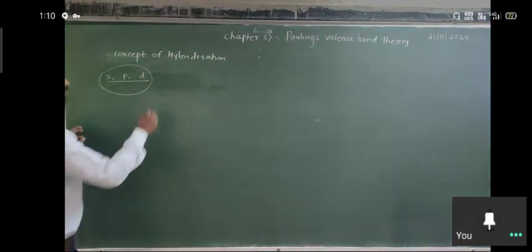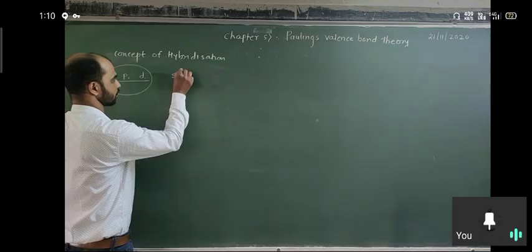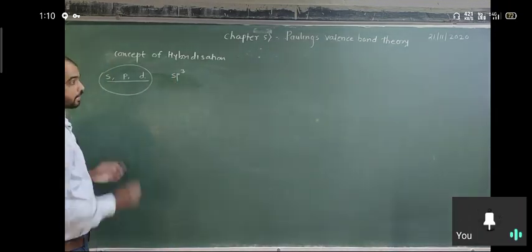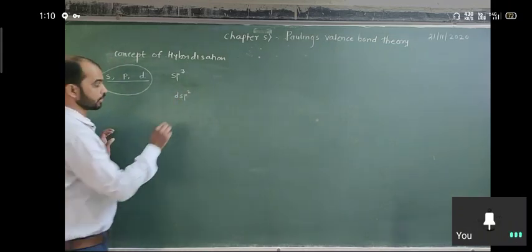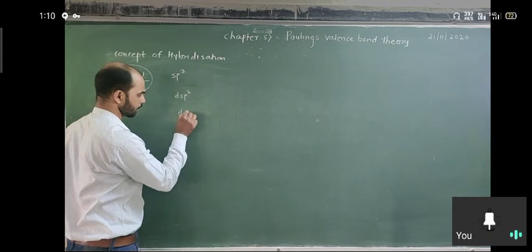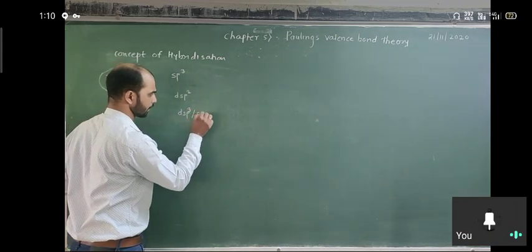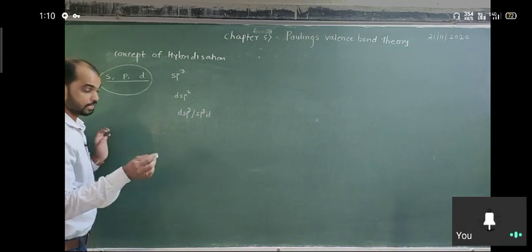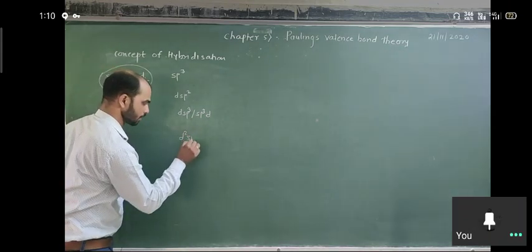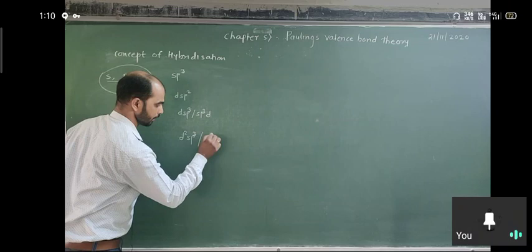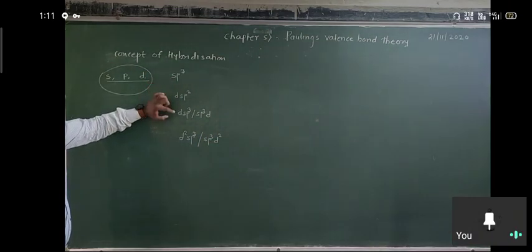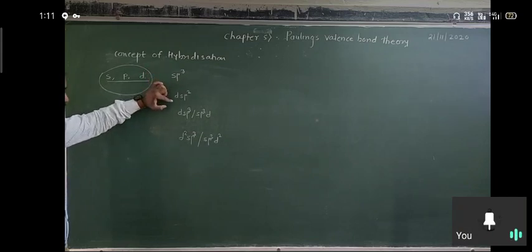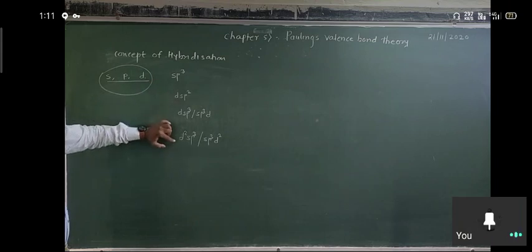So we consider sp3 hybridization, then dsp2, dsp3 or sp3d, and d2sp3 or sp3d2. So sp3 and dsp2 mean coordination number 4, dsp3 or sp3d means coordination number 5, and d2sp3 or sp3d2 means coordination number 6.